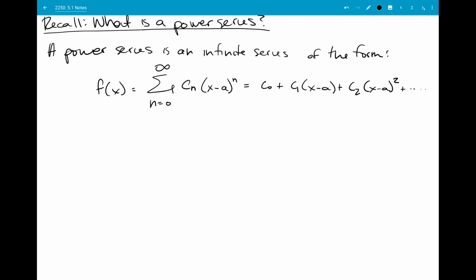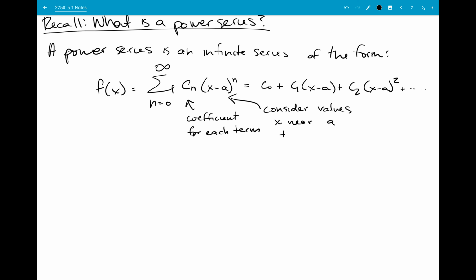So the important part of how this is written is that right here is the coefficient for each term. Right here is something that tells me I'm considering values x near a to some power.